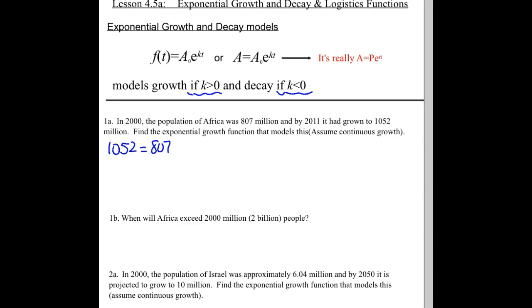As long as they're the same units, we can leave that off. Then we need e to the kt power. k is kind of like what r used to be, but they haven't given us that, have they? They did give us some information about time, though. What do we know? 11 years. So our power here is k times 11.